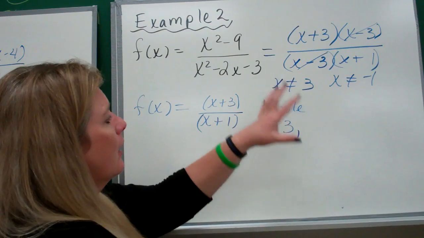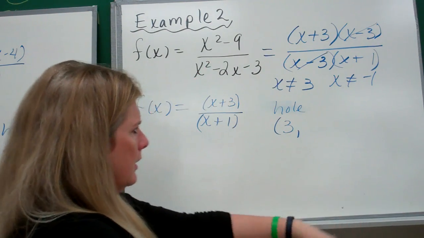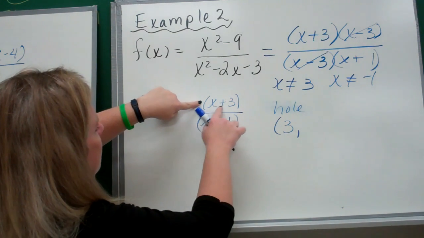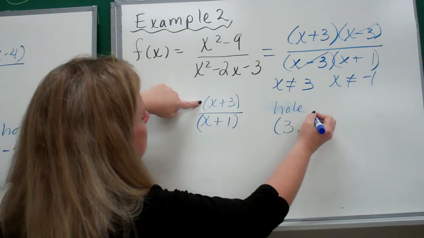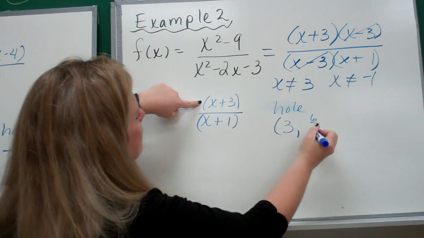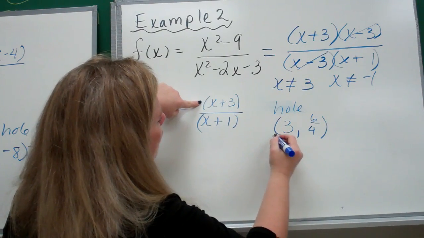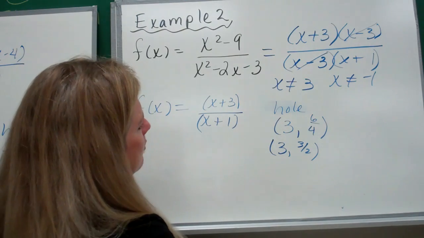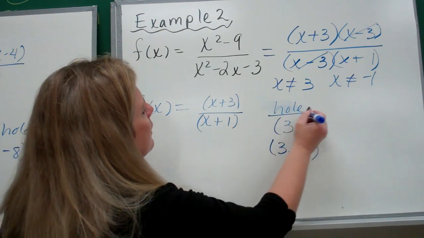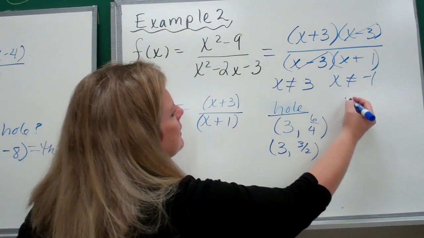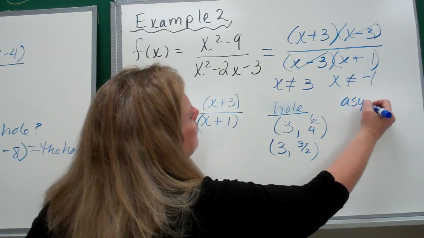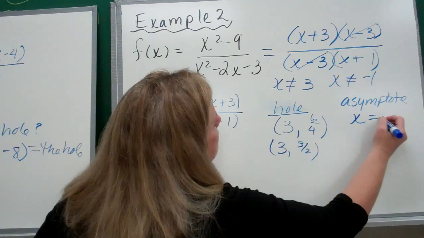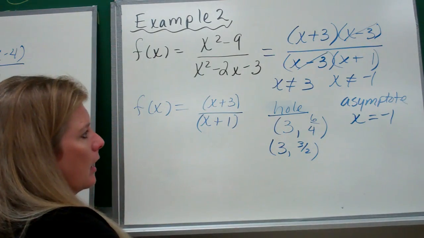To find out exactly where the hole is, plug in 3. 3 plus 3 is 6, over 3 plus 1 is 4. So the hole is going to be at 3, 3/2, or 3, 1.5. This is going to be a vertical asymptote where x equals negative 1.